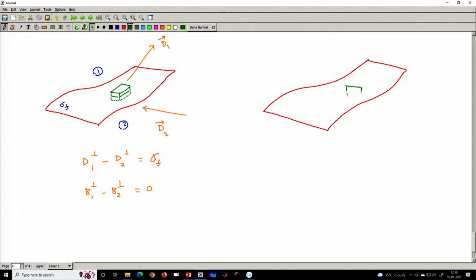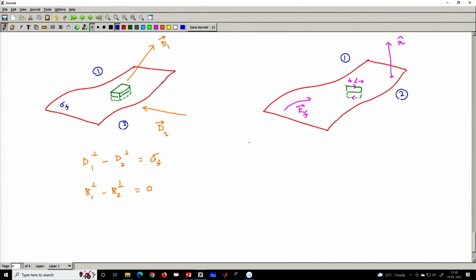Inside, below, we also have the continuation of this line, and the line direction here is along this, and this length is usually L. The free surface current flowing here is Kf, and this is the perpendicular direction of the surface, N. This is region 1 and this is region 2.